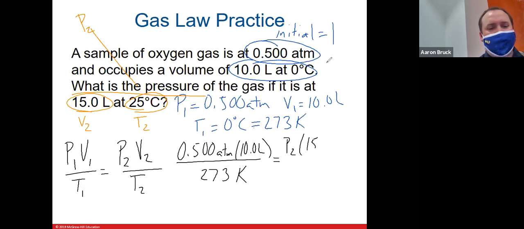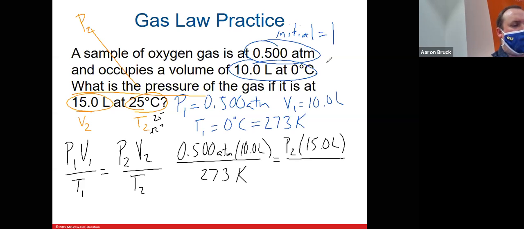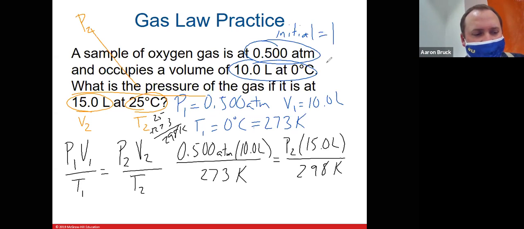V2 is 15.0 liters. And T2, 25 degrees Celsius, I need to turn that into Kelvin. 25 plus 273 is 298 Kelvin. So 298 Kelvin goes into that denominator on the right-hand side. I've got all the pieces in place.